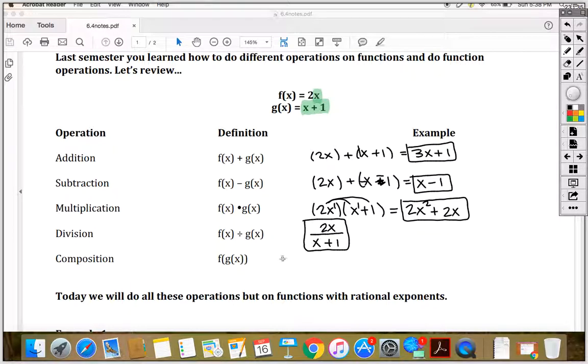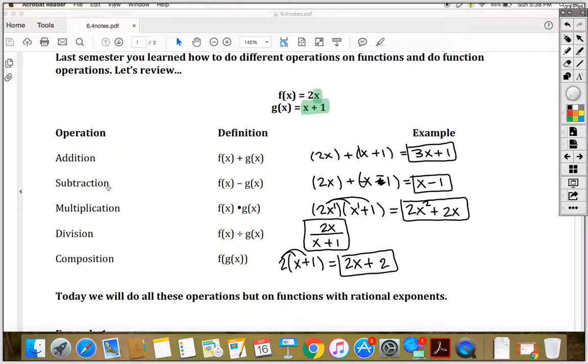It's kind of like substitution when we solve our systems of equations. So I'm going to have my 2. I'm going to take x out right here, so I'm using parentheses because I'm plugging something in for it, and I'm plugging in the g of x equation, which is x plus 1. So here's what this one would look like when I set it up, and then to simplify, I'm using my distributive property. So that would become 2x plus 2.